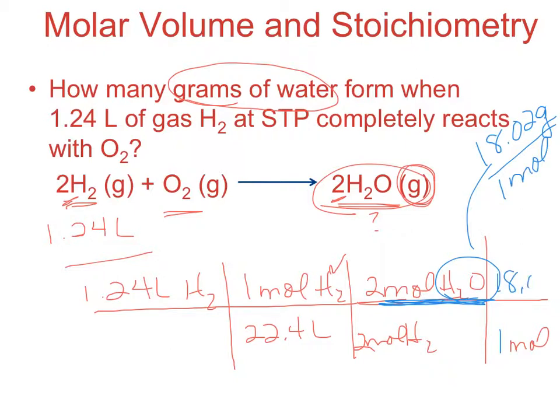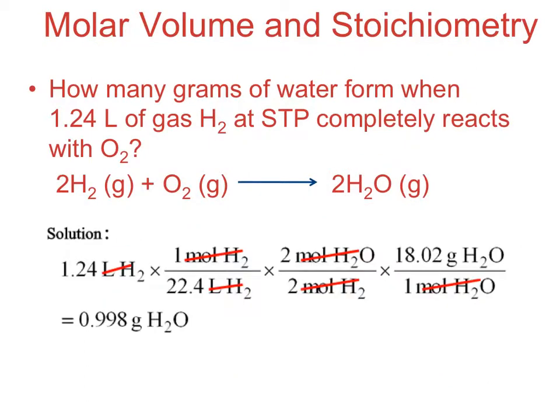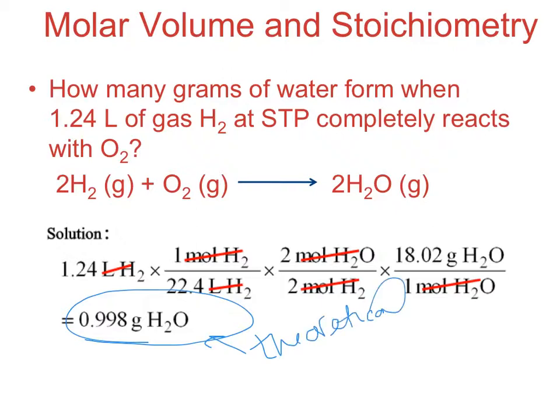So I'm going to put the molar mass here, and then if I work that out, I will get grams of water formed. Okay, and this shows us that our theoretical yield of water is 0.998 grams. Theoretical yield is always the maximum amount you can make, and it's always determined from stoichiometry.